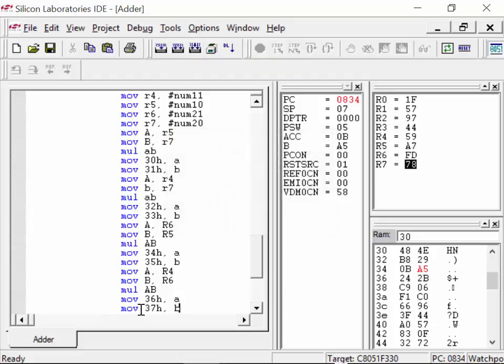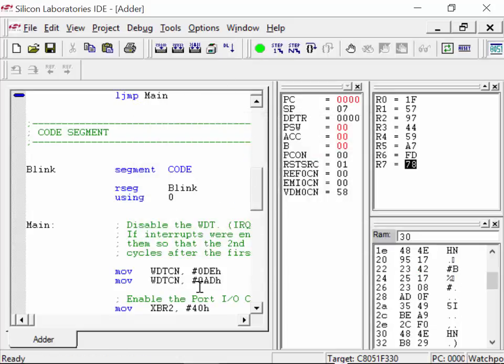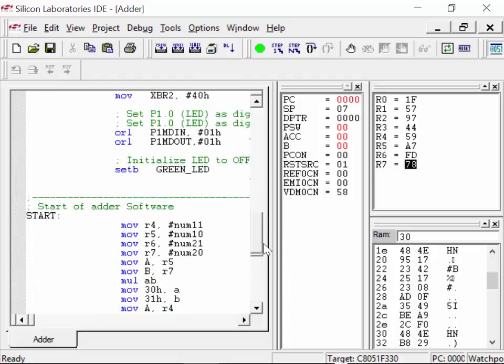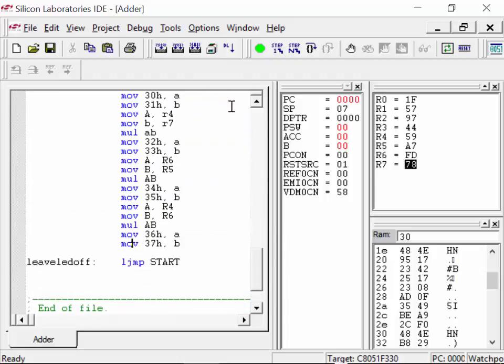And I'm just going to put a breakpoint here and just run to the end. No sense single stepping through here. Right there. And let's see what we've got here.